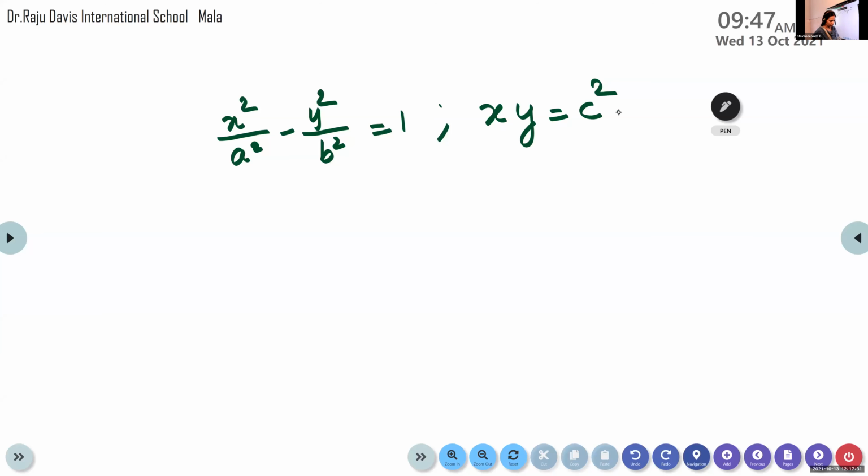M2? What is the slope of the first curve?